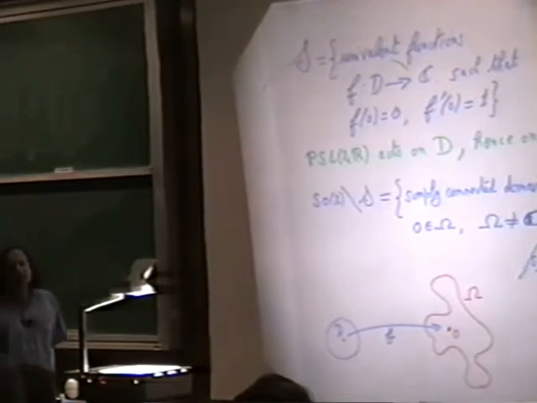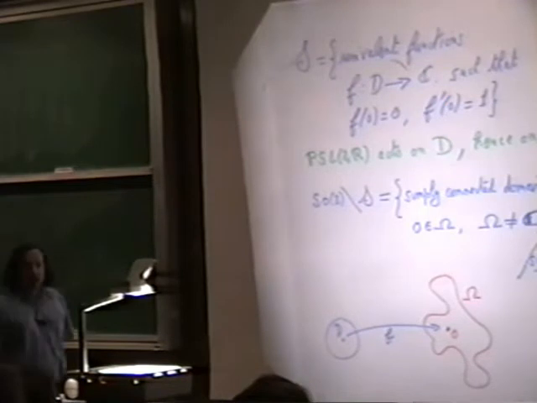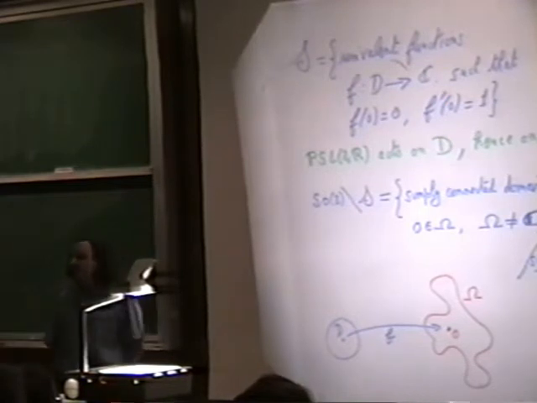It is well known that this space, endowed with the topology of uniform convergence on compact sets, is a compact space. And on this compact space, there is a natural action of PSL2R.